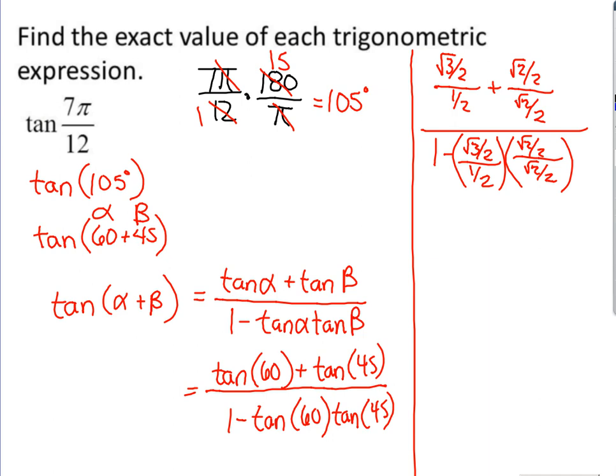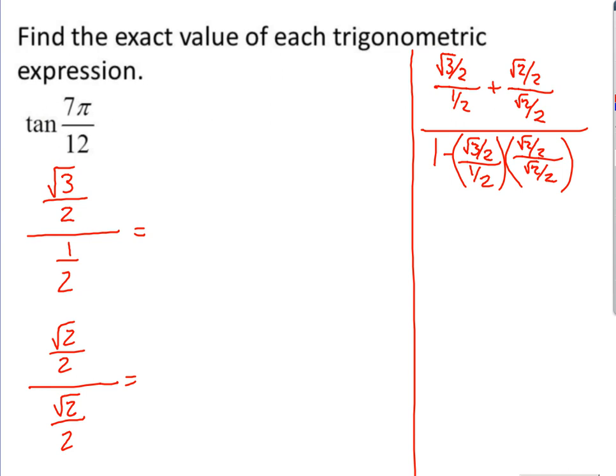Now let's go ahead and simplify what those are. If we're looking at radical 3 over 2 over 1/2, remember if you have a fraction over a fraction, you flip the second one and multiply by the reciprocal. So this is equivalent to radical 3 over 2 times 2 over 1. We have a 2 in the denominator and a 2 in the numerator, so we can cancel those.